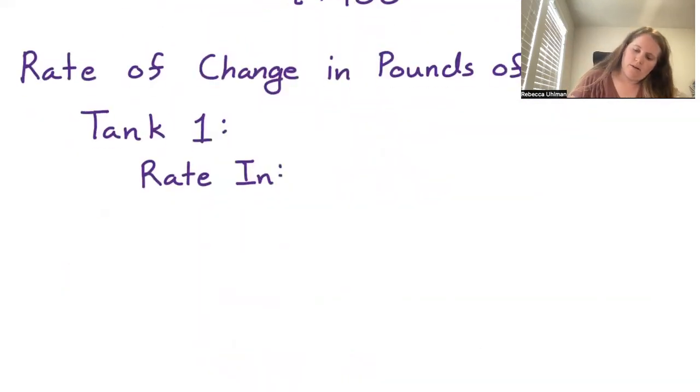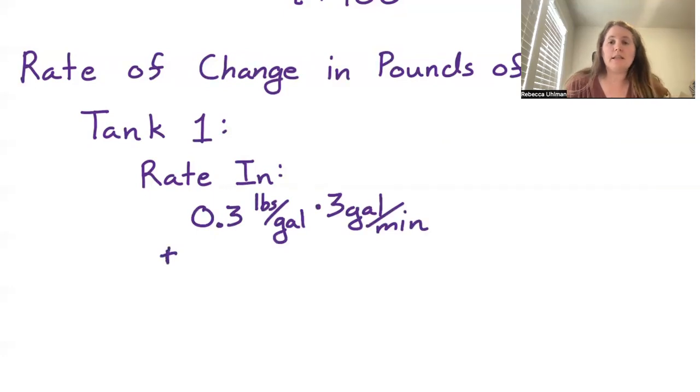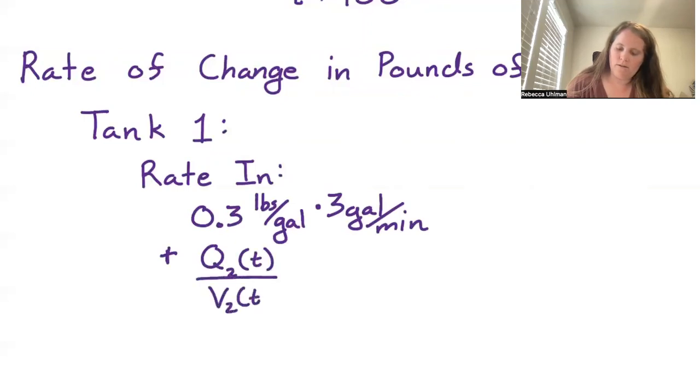So we have 0.3 pounds per gallon times 3 gallons per minute, plus our concentration in tank 2 was Q2 of T divided by V2 of T pounds per gallon, again times 3 gallons per minute.